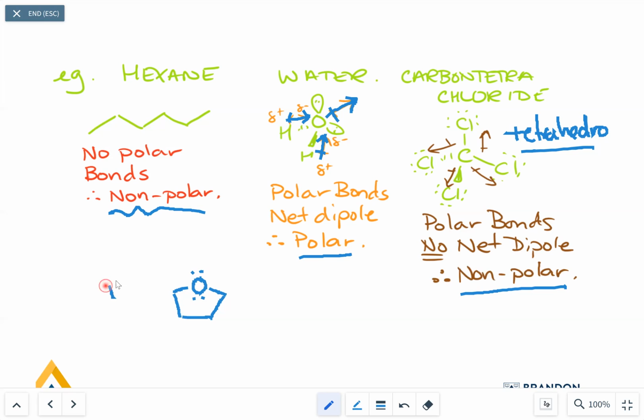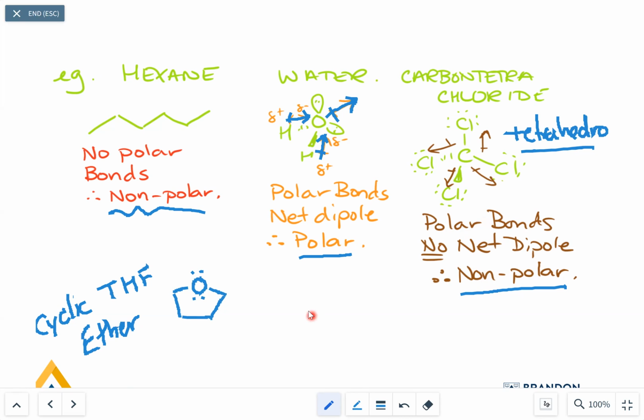This is a common solvent called THF. Functional group wise, it's a cyclic ether. Polar or non-polar? Yes, it is slightly polar, right?